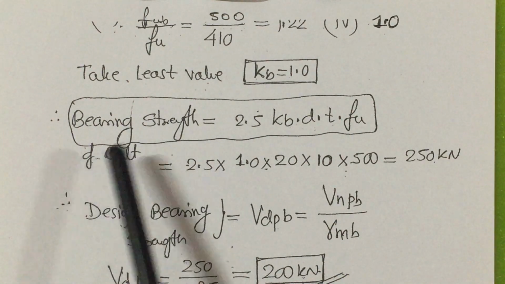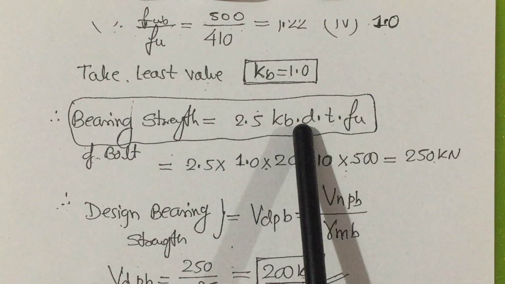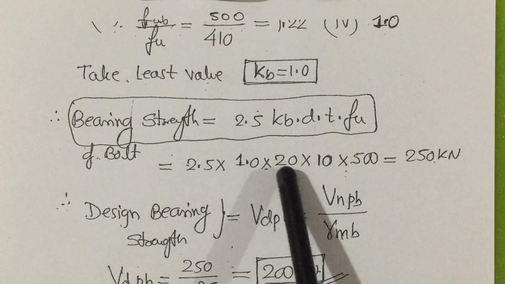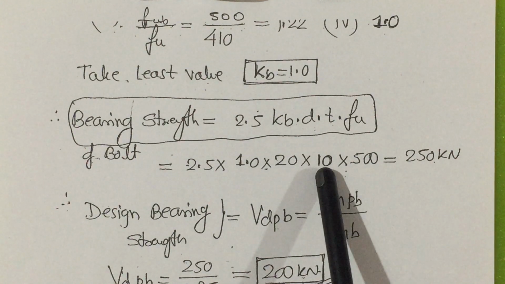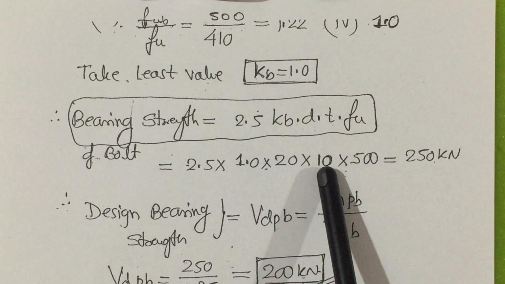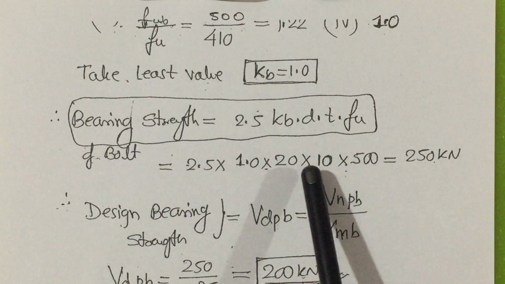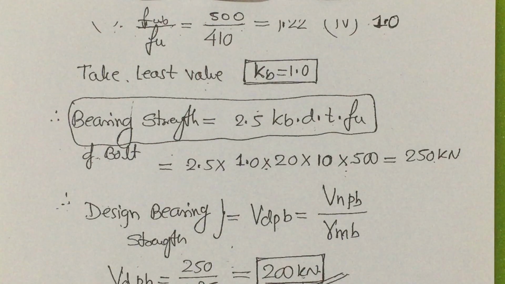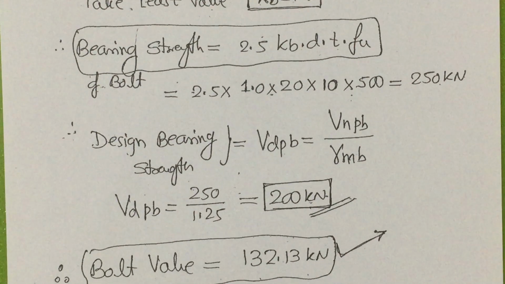Therefore, the bearing strength of the bolt is given by 2.5 into Kb into D into T into Fu. 2.5 into Kb is 1, the diameter of the bolt is 20, the thickness we take as the least value we already calculated, that is 10, Fu is 500, so we get 250 kilonewton.